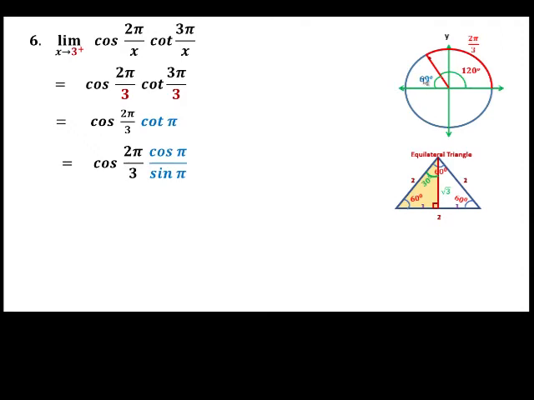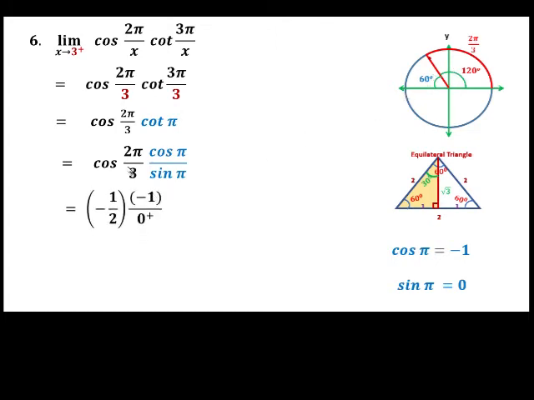Cosine of 60 degrees is 1/2, but it is in the second quadrant, so it is negative 1/2. And cosine of pi, or cosine of 180 degrees, is equal to negative 1, and sine of pi, which is in the upper quadrant, is positive. It is approaching a value of 0 from a positive value.